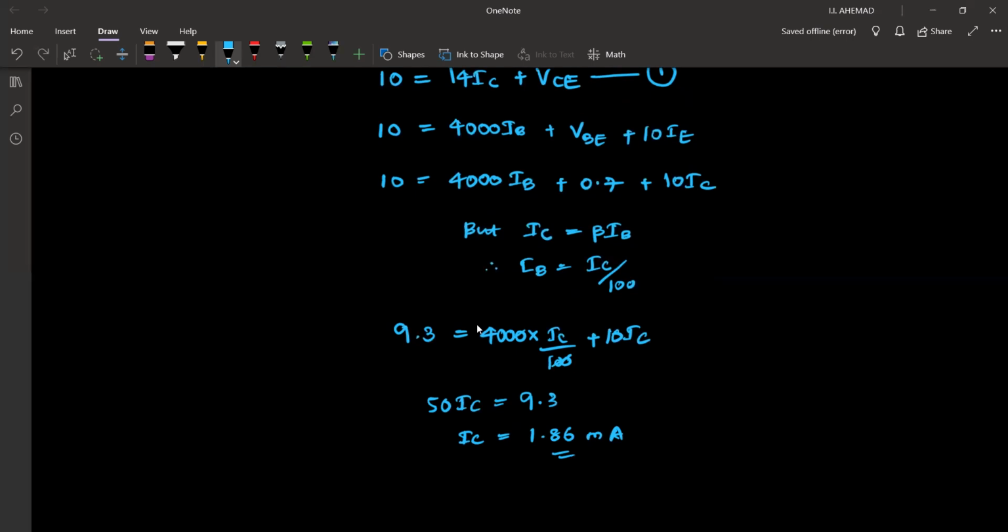Am I right? 9.3 over 50 is equal to 18.6 over 100.